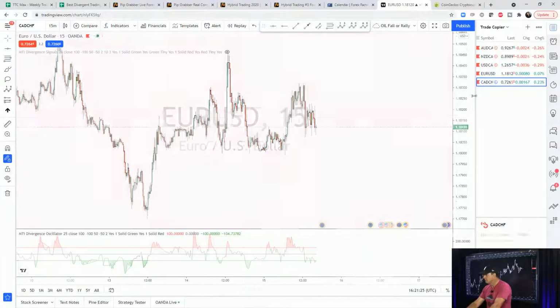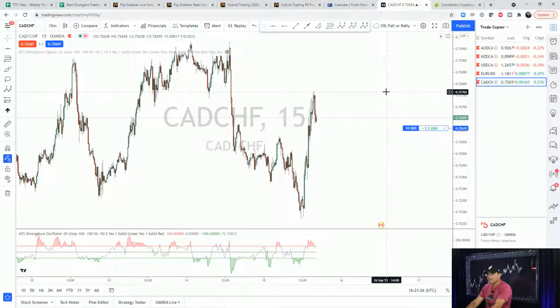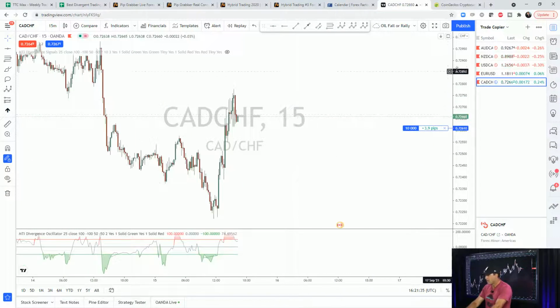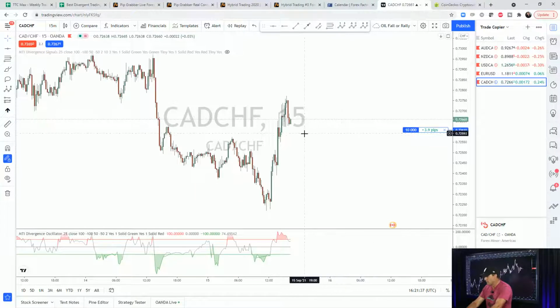Let's go to the Canadian Swiss. Now, on the Canadian Swiss right here, we're up about 2 or 3 pips right now on the trade copier. Let me see here. So 3 pips, well, it's actually almost 4 pips. That's not too bad, but look at this. Can you see that we have a nice little rally here?